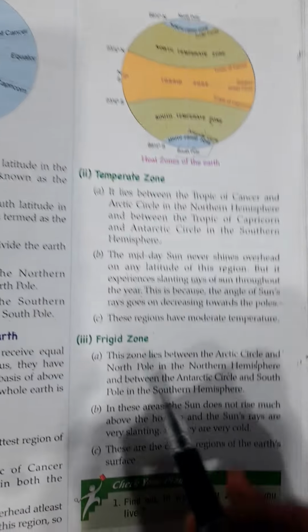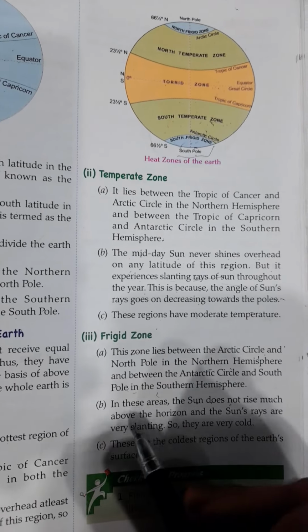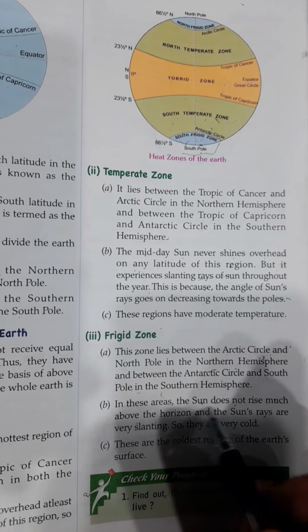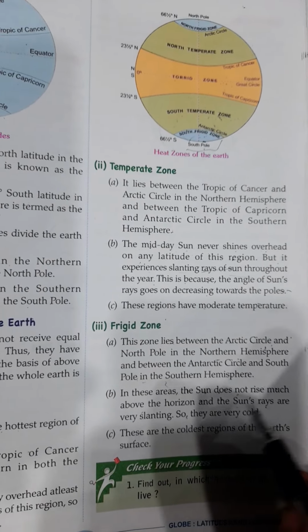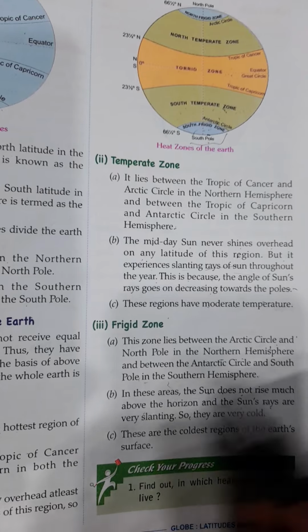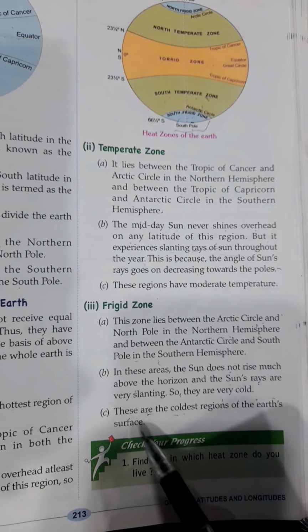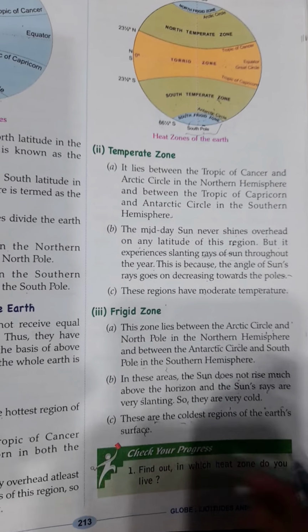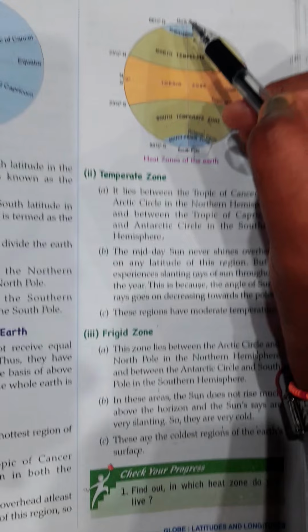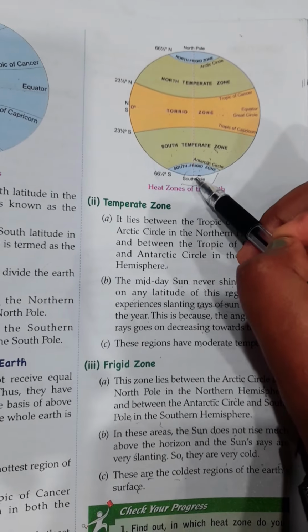Clear? In these areas, the sun does not rise much above the horizon, and the sun rays are very slanting, so they are very cold. These are the coldest regions of the earth's surface. Which place is the coldest of the earth? The frigid zone in the northern pole and the southern pole.